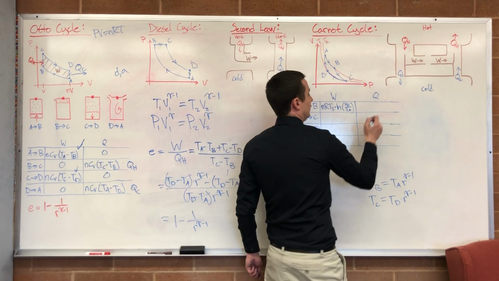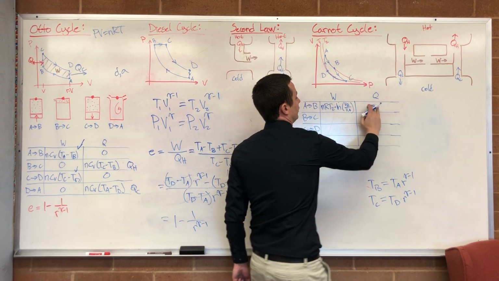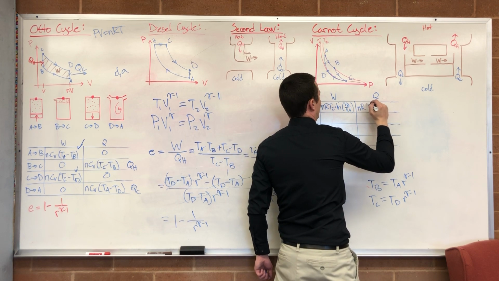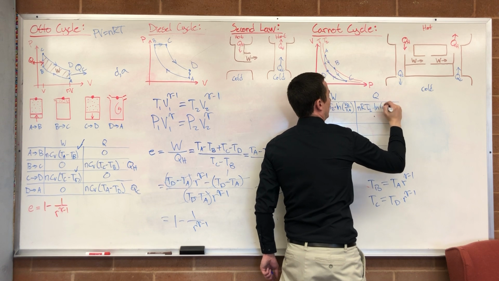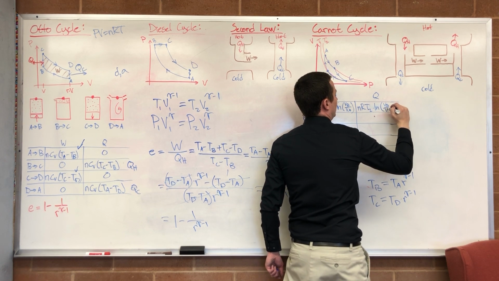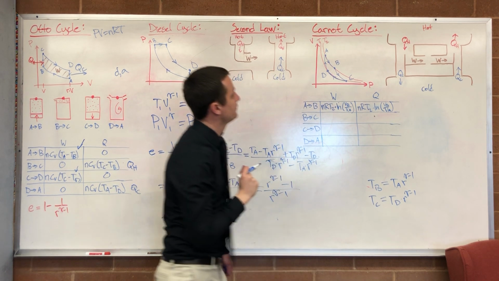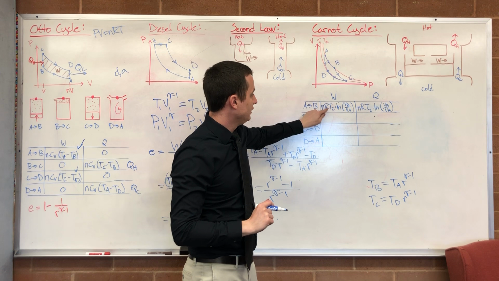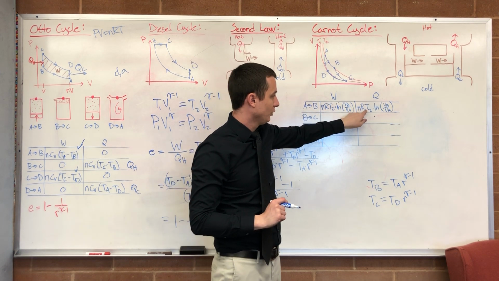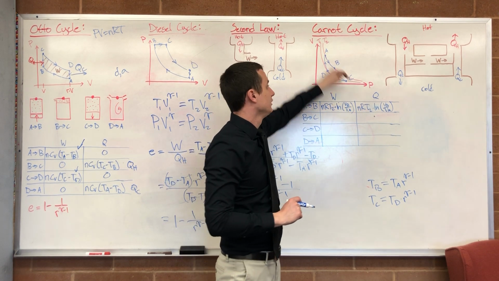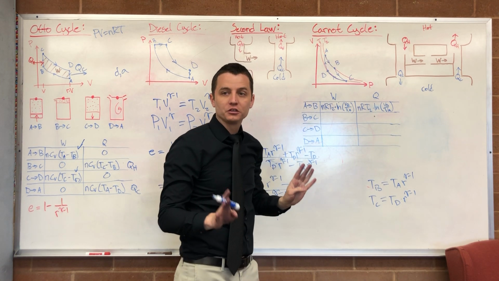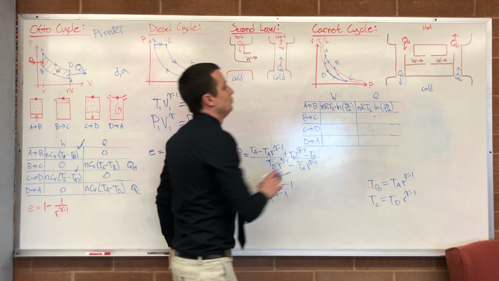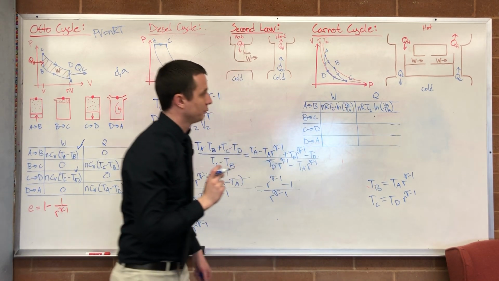The same thing: nRT2 times natural log VB over VA. So isothermally going from A to B, the gas did work, and so heat had to be added to the system, because it's staying the exact same temperature, so the internal energy of the gas is staying the same.